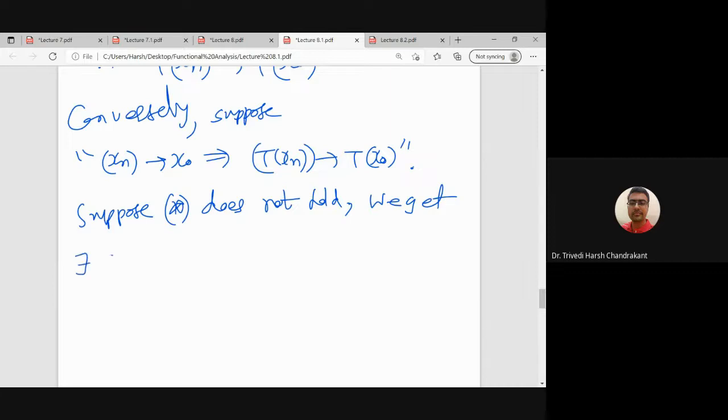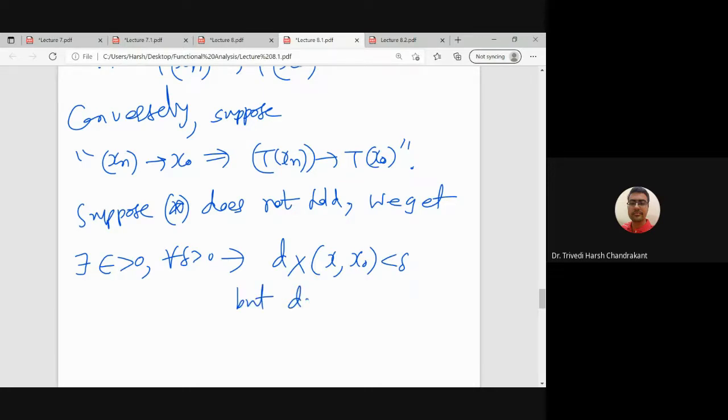So if this does not hold, we get that there exists a positive epsilon such that for every delta greater than 0, for some point x with distance from x naught less than delta, the property fails.